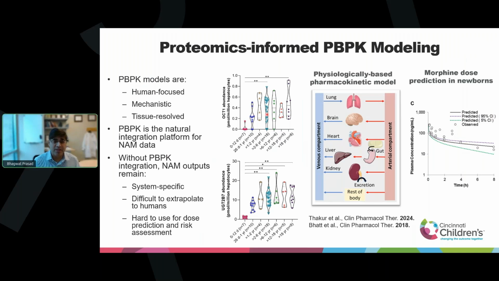And the same concept can be applicable when it comes to in vitro models. So you can have NAM data, and that NAM data can be integrated into these models. So we can do NAM to human translation the same way we do inter-individual variability scaling.